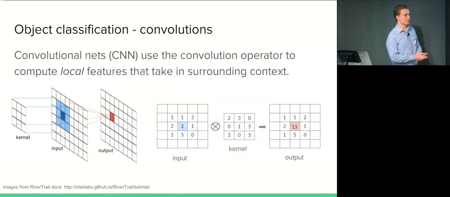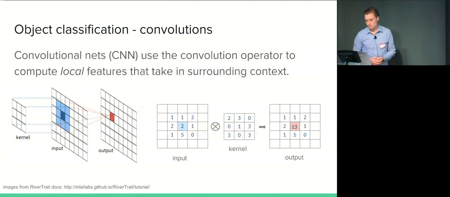If you convolve the two together, you get an output for that pixel. In a sliding window fashion over your input image, it gives you some output feature representation that's local and takes into account surrounding context. So you're getting localized features over your input image in a sliding window fashion.